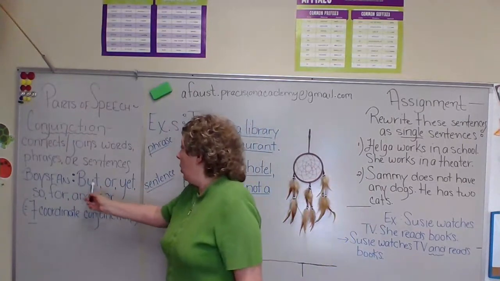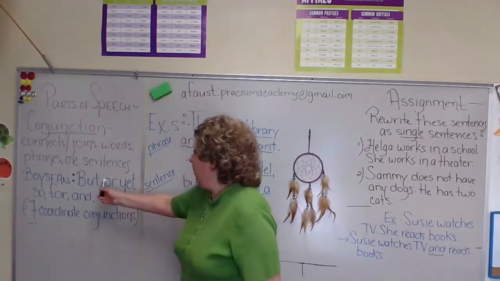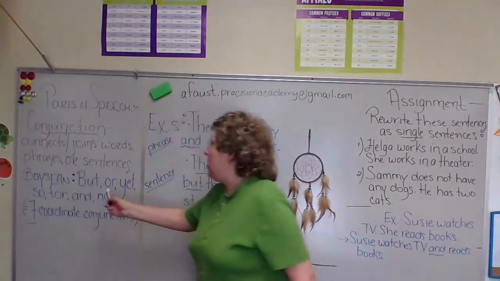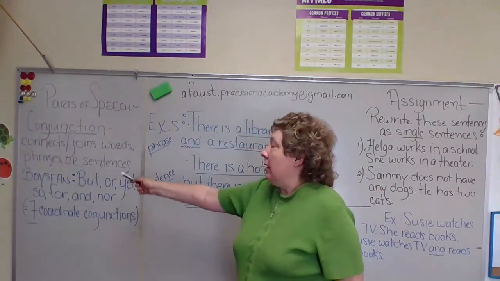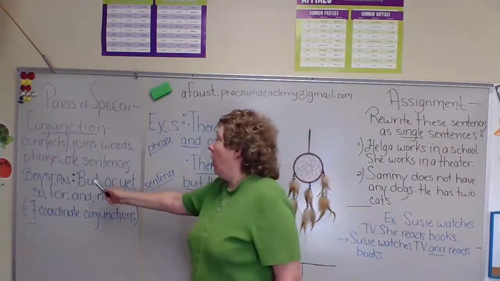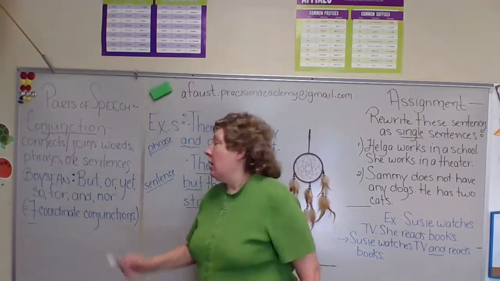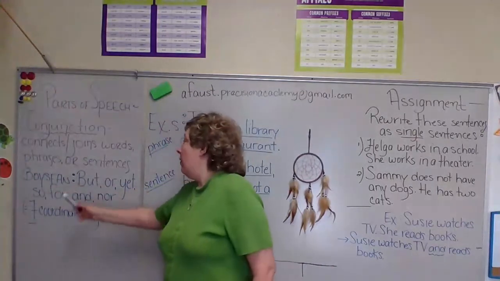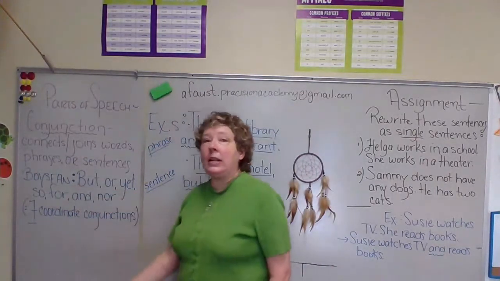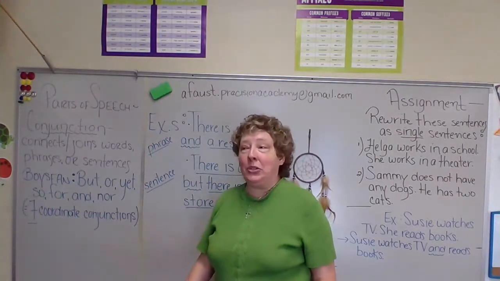They are, if you look at the letters, you'll go right back. So you've got boys fan, you've got but for the B, or for the O, yet for the Y, so for the S, for for the F, and we're not talking about the number, sorry.